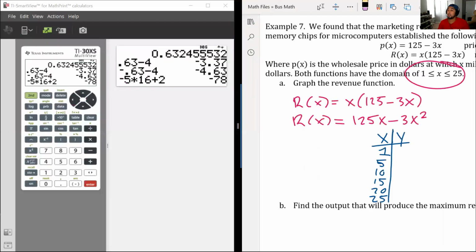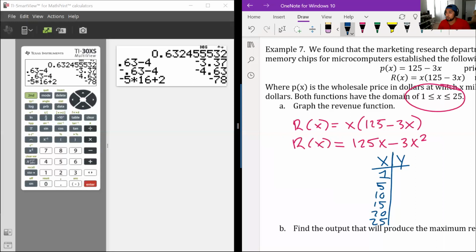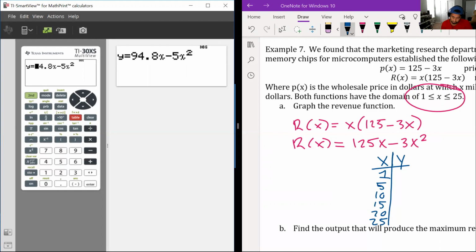Okay, calculator time. I've shown you this before, so let's do it again. This is just on the scientific calculator. So hit table, and then type in the function we have. 125x minus 3x squared.